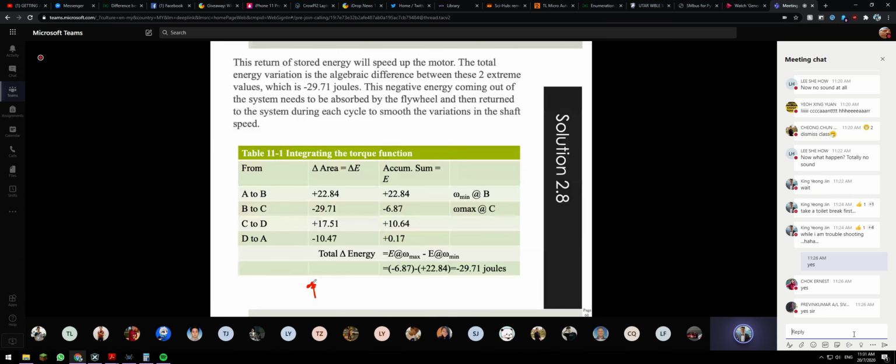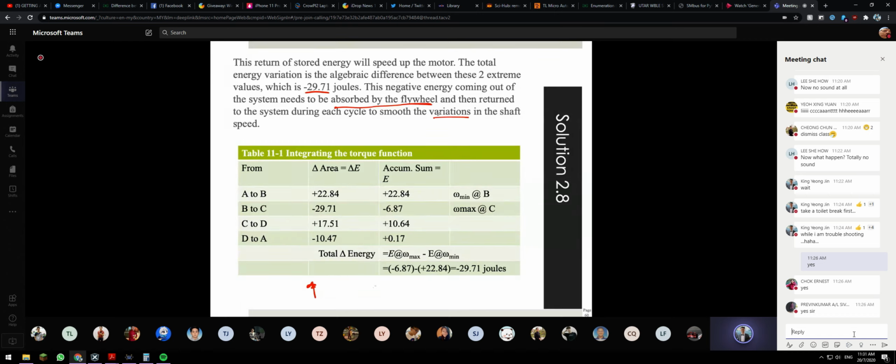This return of stored energy will speed up the motor, and the total energy variation is the algebraic difference between these two extreme values, which is negative 29.7 joules. So this negative energy coming out of the system needs to be absorbed by the flywheels and then returned to the system each cycle to smooth the variation of the shaft speed.